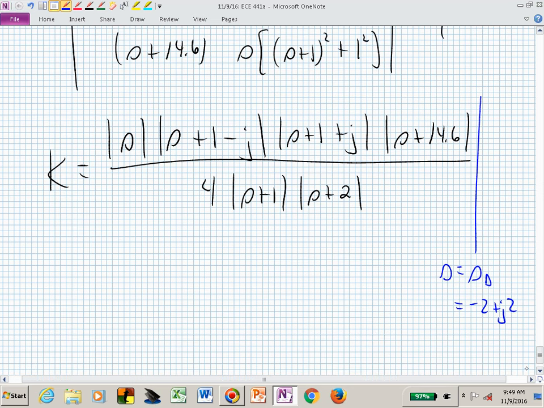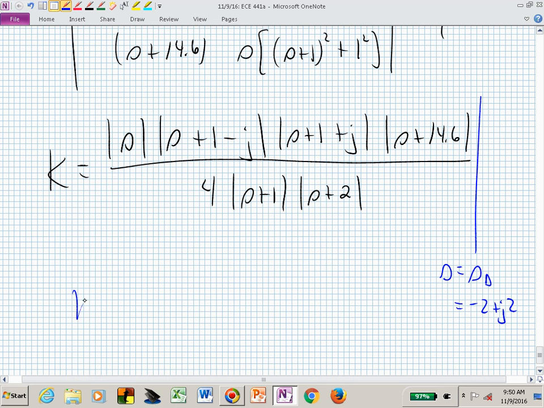But do you see now, if you had dividers and you'd sketched this root locus properly, you could actually measure those distances. You know how to compute the magnitude of a complex number from the origin to minus 2 plus j2. We just plug in minus 2 plus j2 and add 1 and subtract j, and you now have a complex number that you can compute the magnitude of.